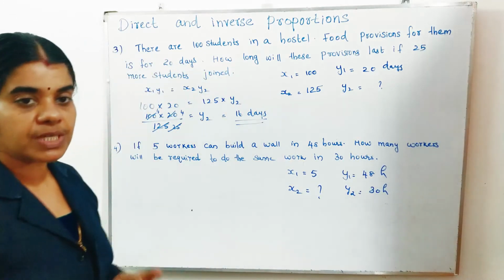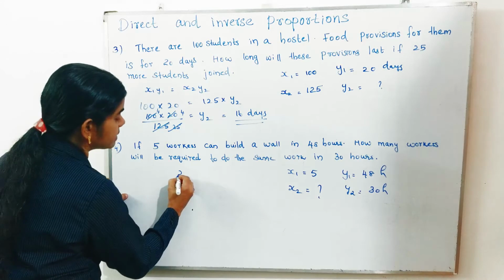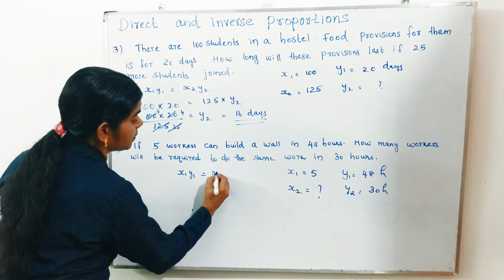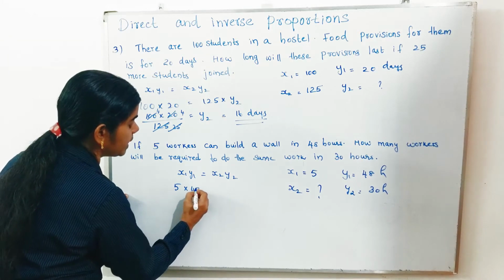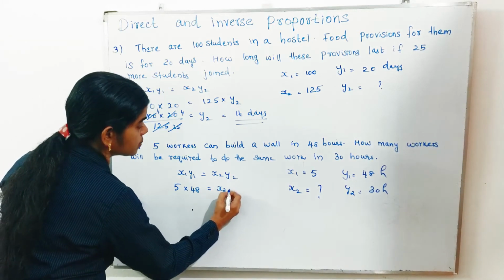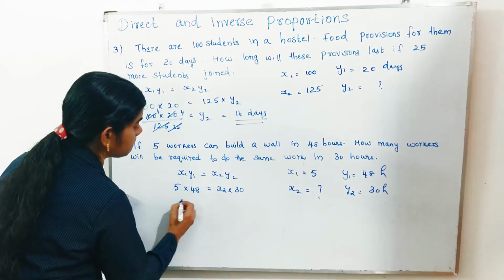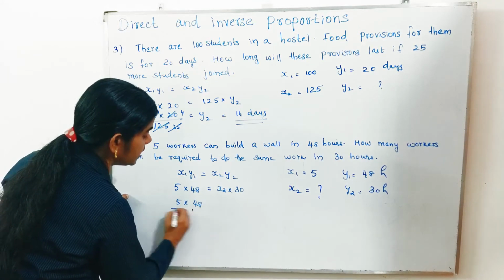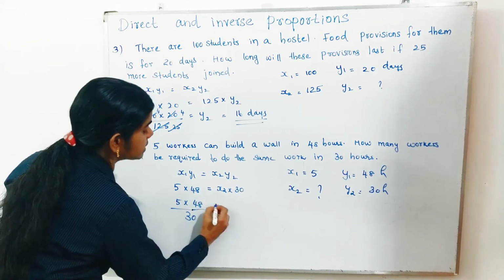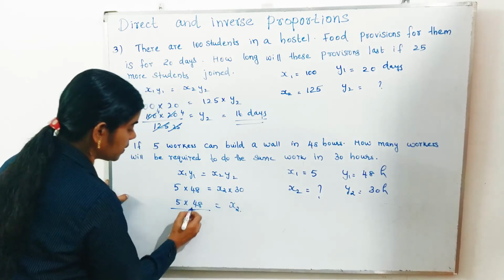Here also it is an inverse proportion. The formula is x1 y1 is equal to x2 y2. That is 5 into 48 is equal to x2 into 30. So 5 into 48 divided by 30 is equal to x2.